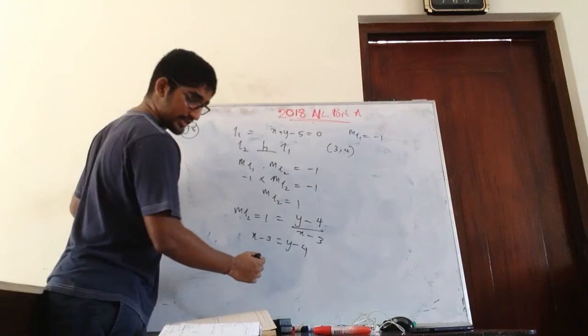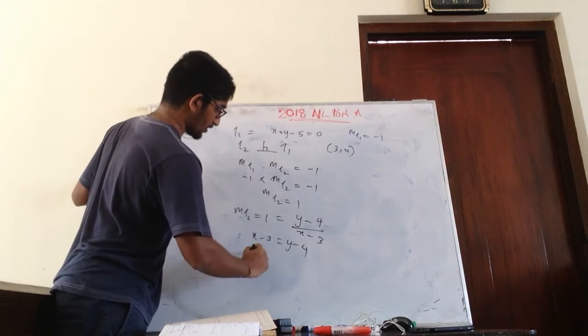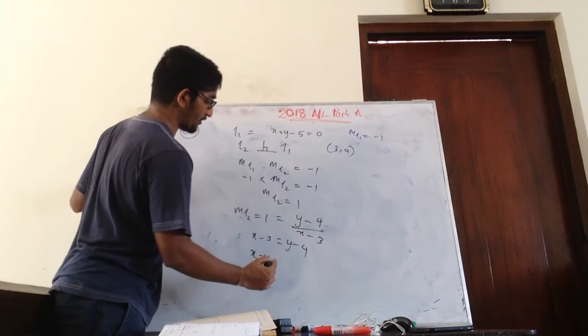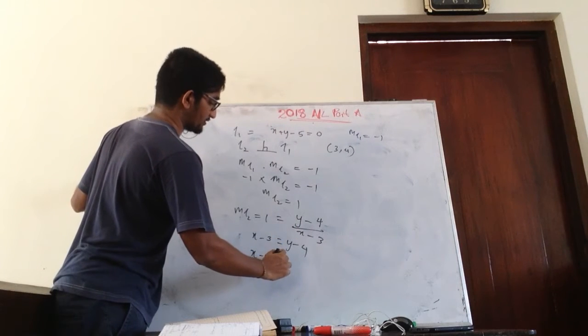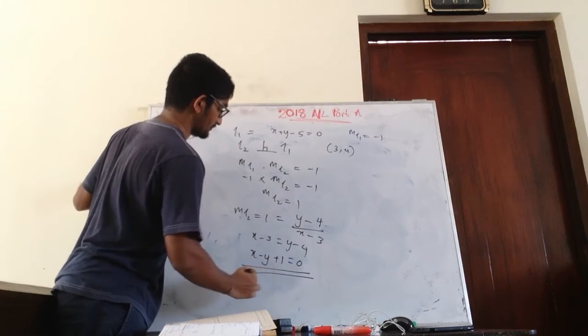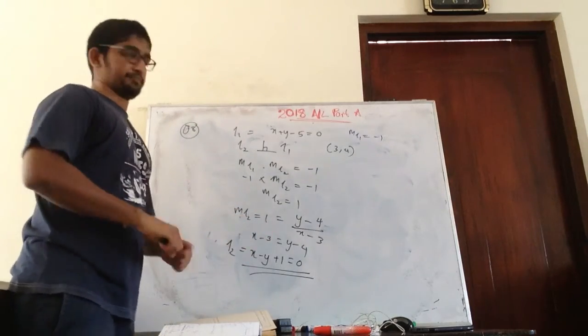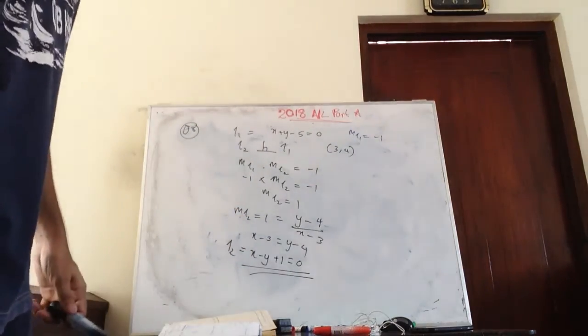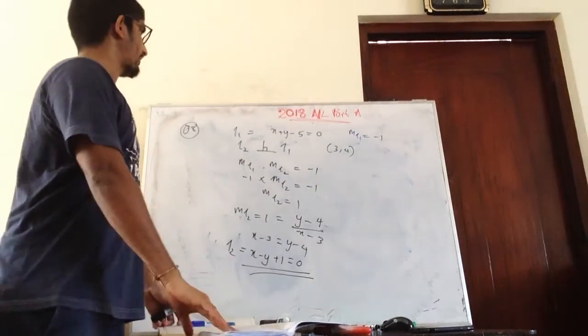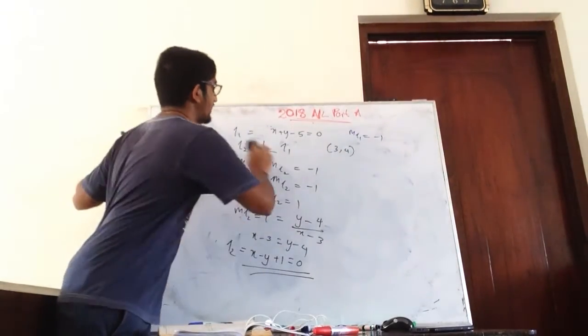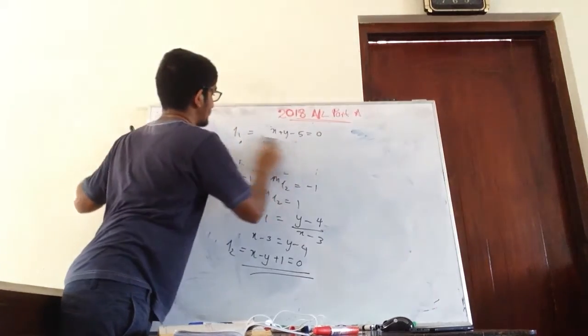Then you will get the answer as x minus y plus 1. This is L2. Right. So now we know L1 and now we know L2 as well.